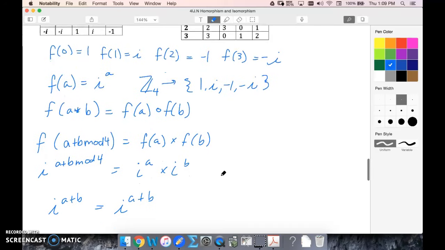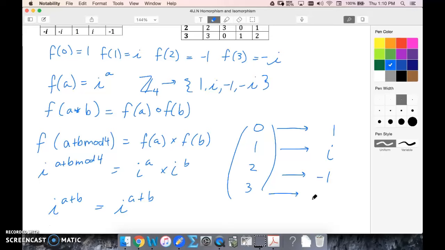We also need to show that this function, or we need to talk about at least that the function is bijective. So remember, it needs to be a surjection and an injection. And we know that we're going to have all of our elements mapped. So we know that our 0, 1, 2, 3 is going to map to 1, i, -1, -i.